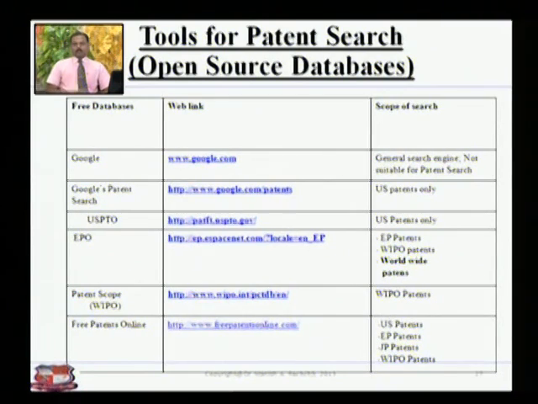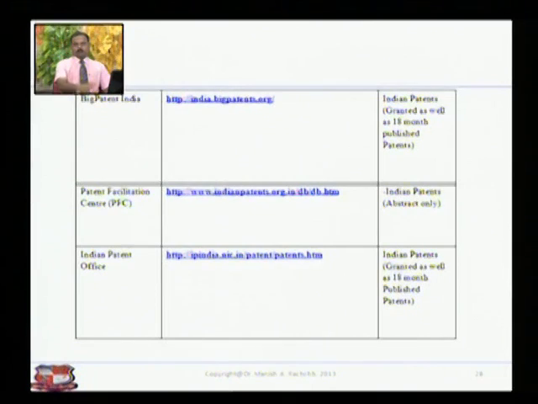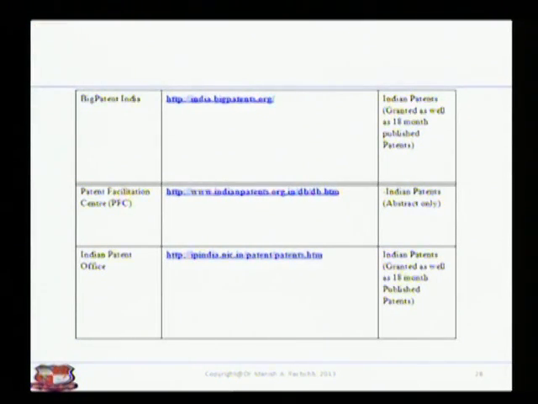Then next comes PatentScope, then Free Patents Online, then Big Patents India, then patent information centers, that is again for Indian applications. But now our Indian Patent Office has also become e-enabled. They have started their services fantastically, and using their website ipindia.nic.in, we can get these patent documents totally free.